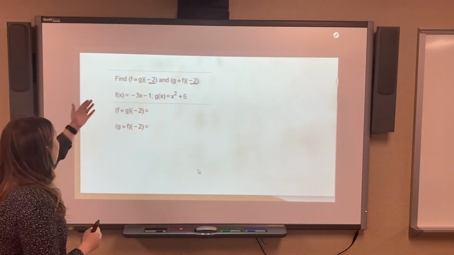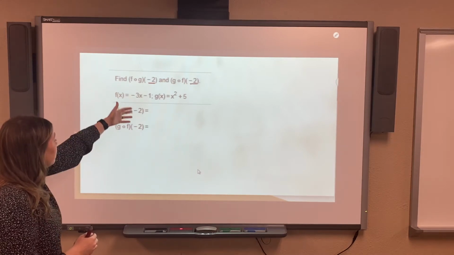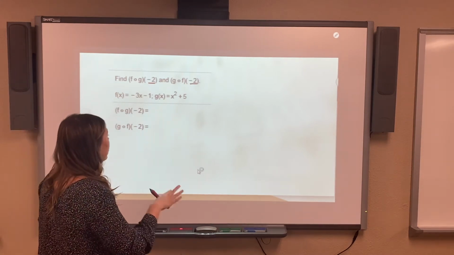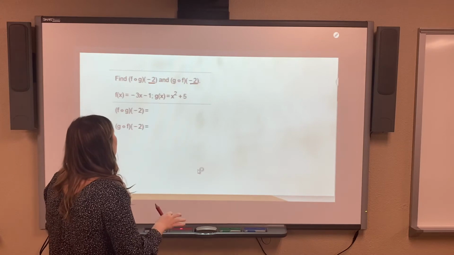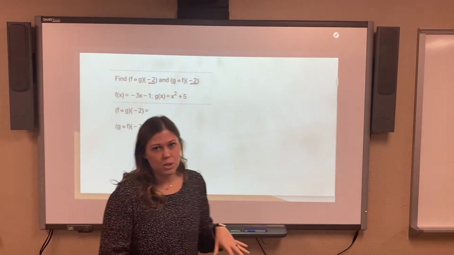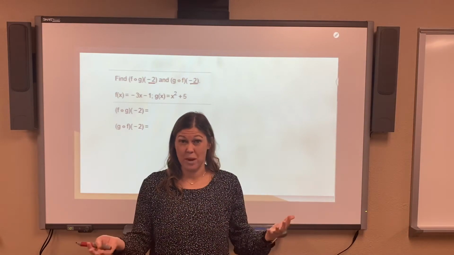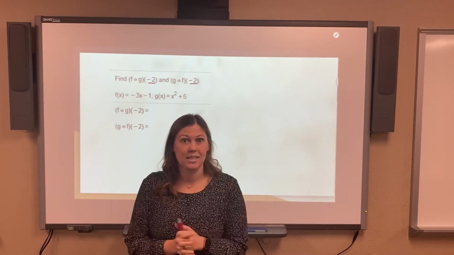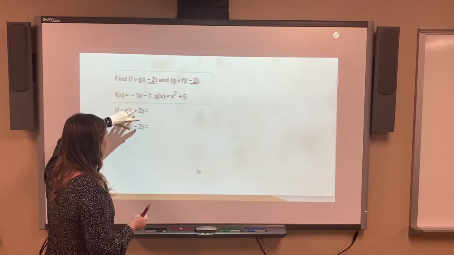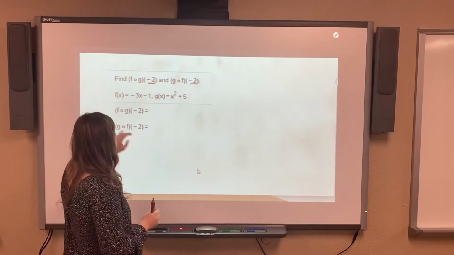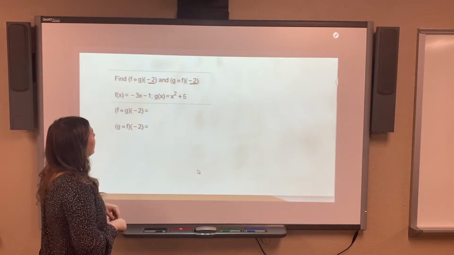We have f of x is equal to -3x plus 1, and g of x is equal to x squared plus 5. Because we just have the numbers, we can just go ahead and solve them just the way they are. We don't have to worry about domain and range. And in this case, the input we're given is -2. That's our input for first g and then f.